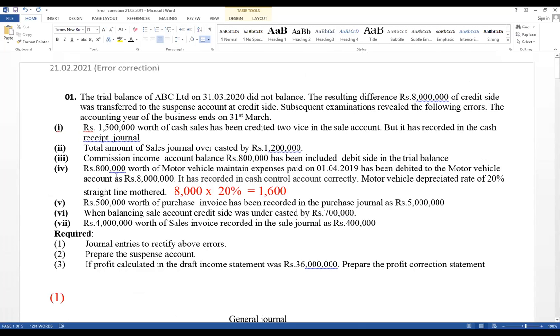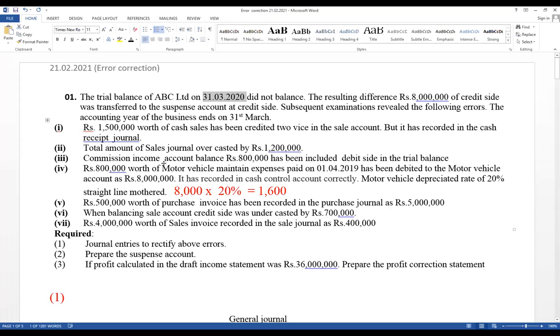Right. That is a principal error. Think about the fourth one. Rupees 800,000 worth of motor vehicle maintenance expense was paid at the beginning of the year. Our accounting period ends on 31st March 20. Think about this as a financial account. Maintenance expense paid at the beginning of the year has been debited to the motor vehicle account as 8 million.